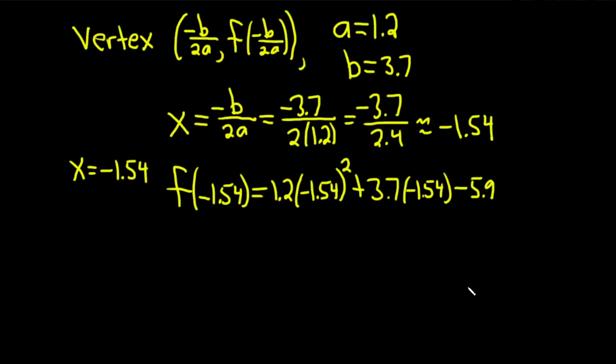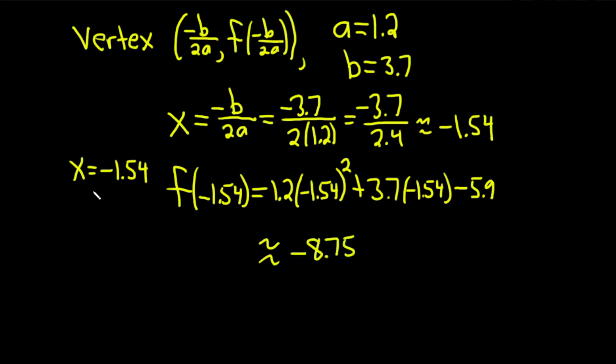All right, looks like it's going to be pretty crazy. So I'm going to type this into my calculator really quickly. So 1.2 times negative 1.54 squared plus 3.7 times negative 1.54 minus 5.9. So I got roughly negative 8.75.